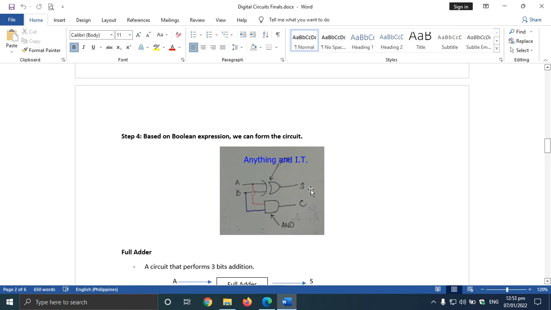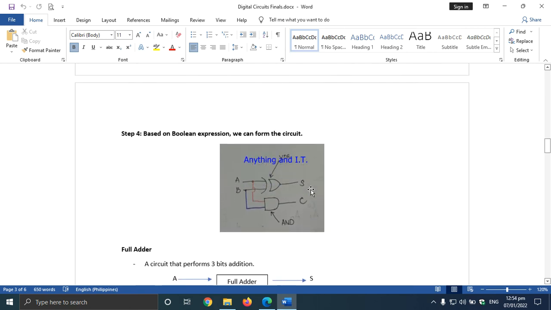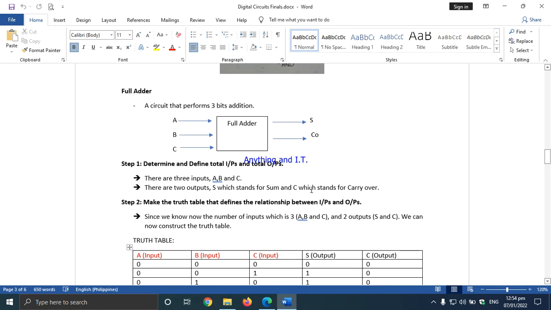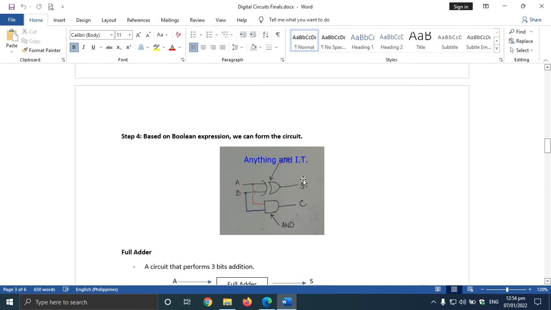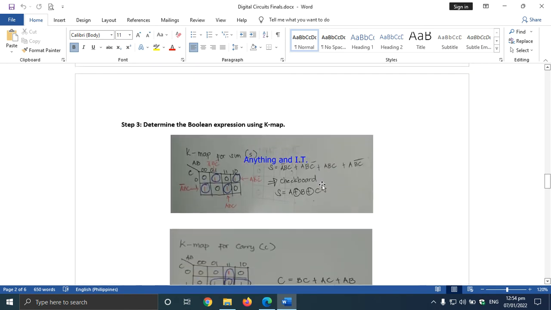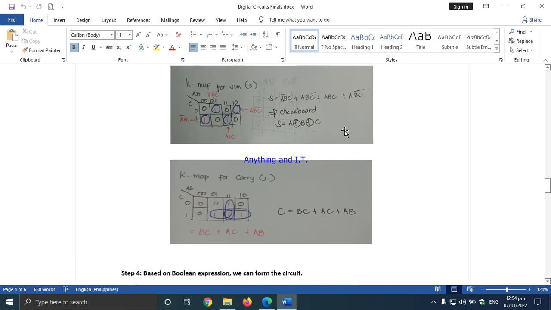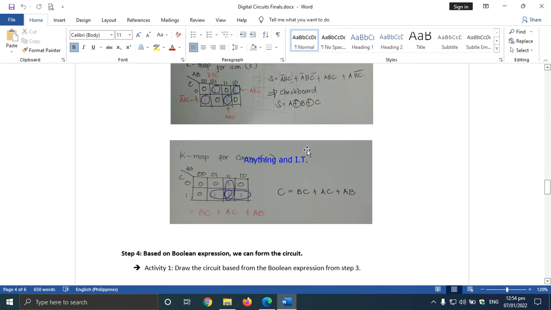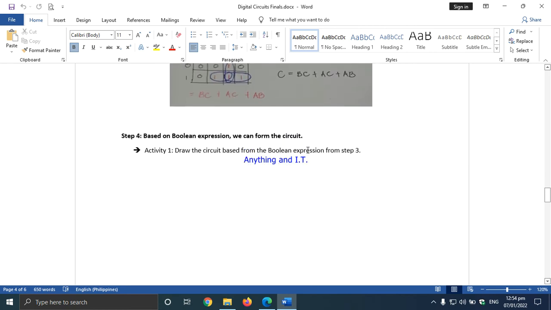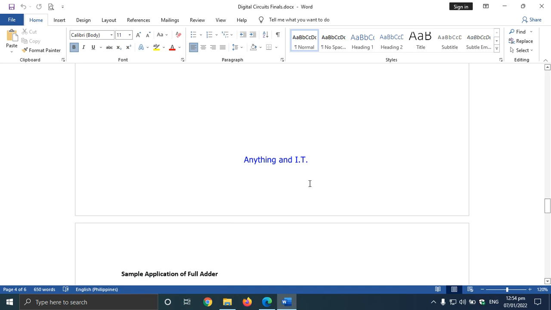So since magkaiba yung na-derive natin na Boolean expression for half adder and full adder, ibig sabihin, ibang circuit din ang madederive ninyo if you're going to create the circuit for these Boolean expressions. So that is half adder and the full adder.